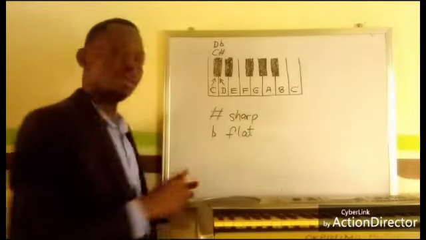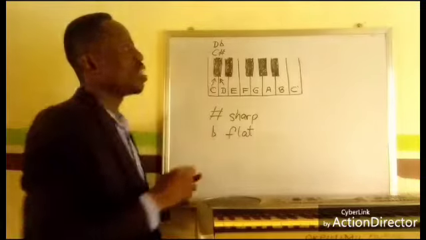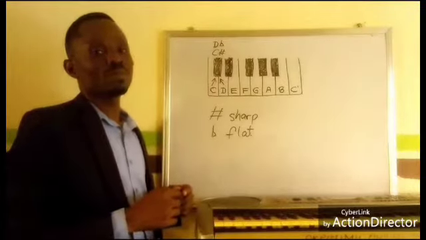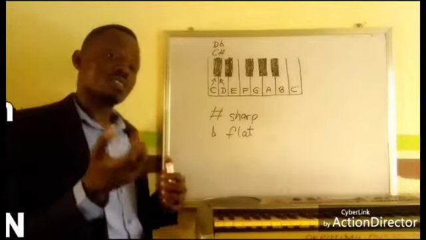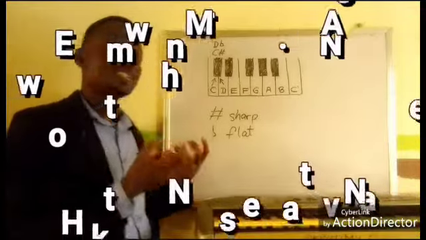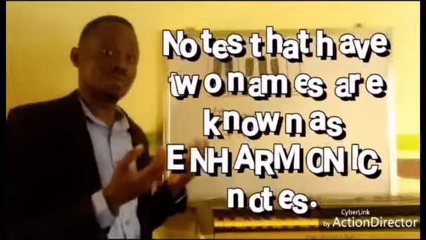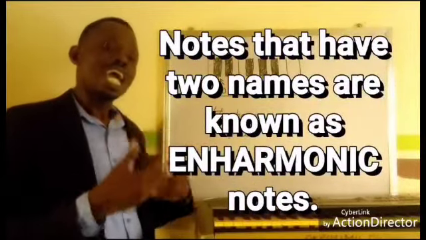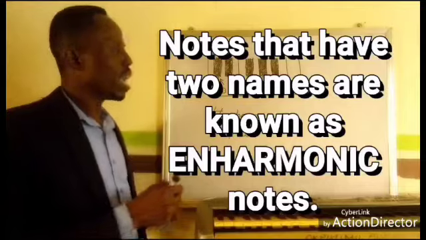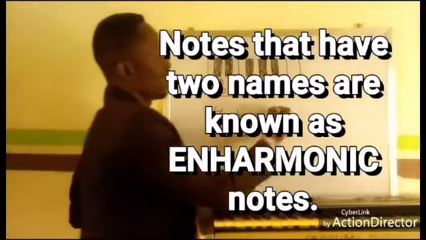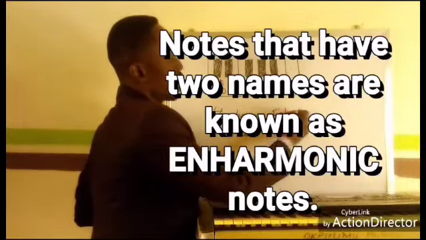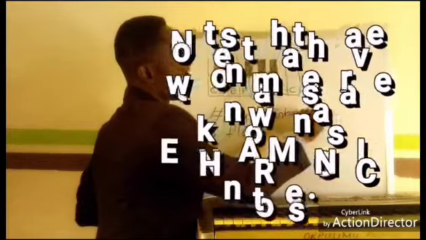It is called C sharp or D flat. Now, notes that can be written in two different ways, or notes that have two different names, are known as enharmonic notes.